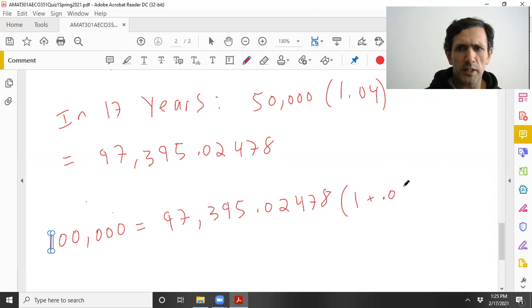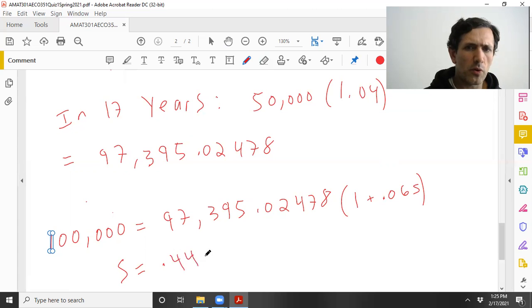So it's 6% simple interest. So it's 1 plus 0.06 S. Right? And again, S is how much time 97,395.02 earns simple interest for. So you solve for S, you get 0.44577.